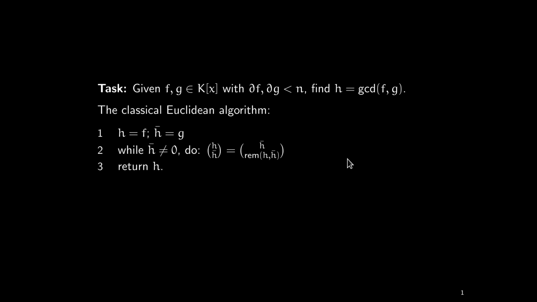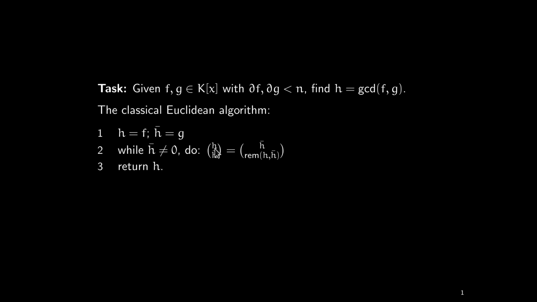Here's the standard Euclidean algorithm. It maintains a pair of polynomials that is initialized with f and g, the two input polynomials, and then updated in a loop that runs for an unknown number of iterations. It has a termination condition of which we know that it will at some point be fulfilled.